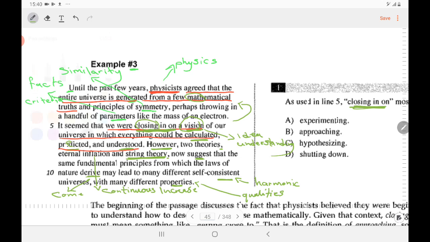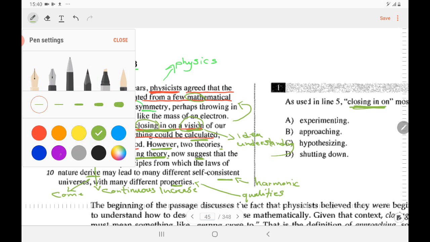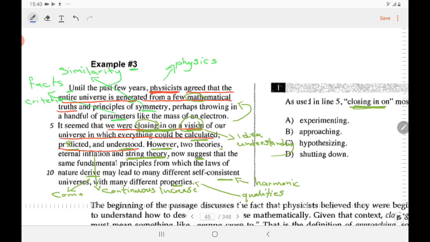Okay, my context. Physicists agreed that the entire universe is generated from few mathematical truths. And we are getting closer to a vision in which everything in the universe could be calculated, predicted, and understood.